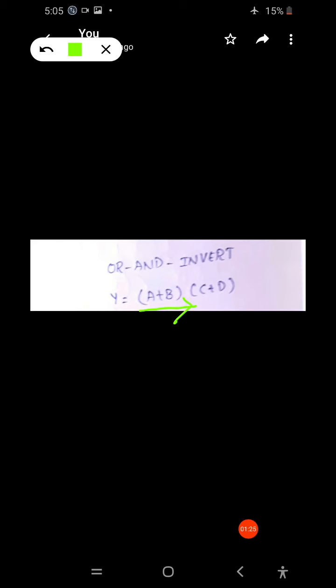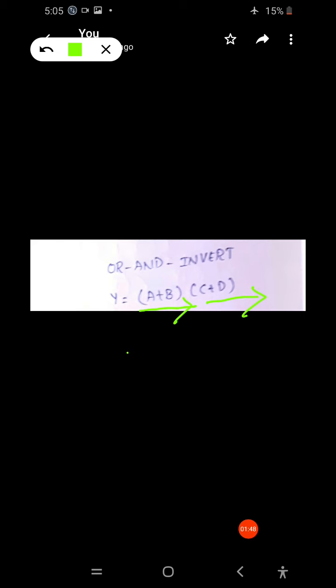Similarly, the second term, C plus D, also has an OR operation. So again the PMOS transistors should be connected in series and NMOS transistors in parallel.